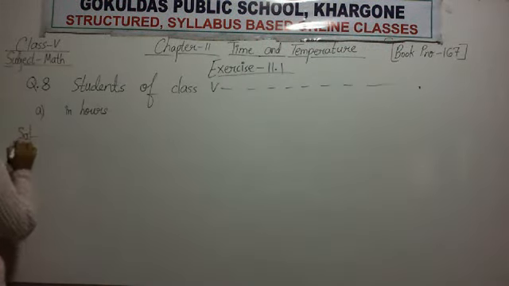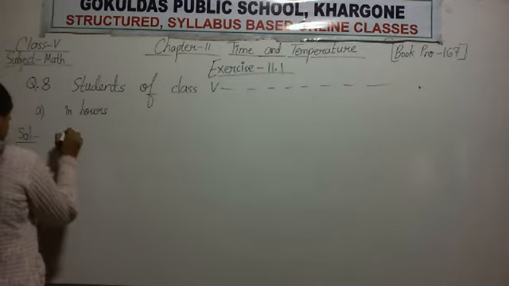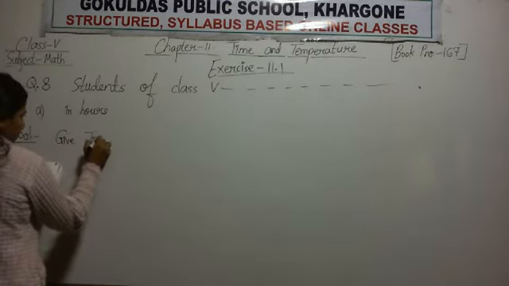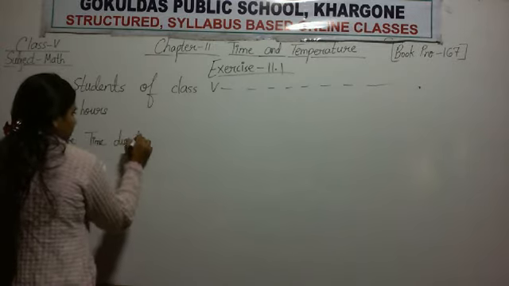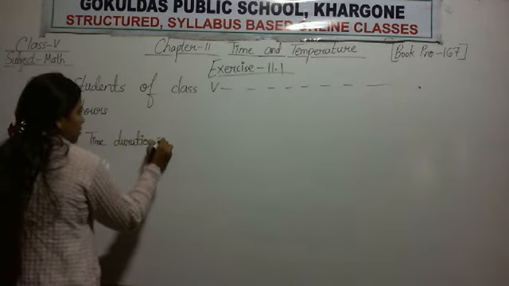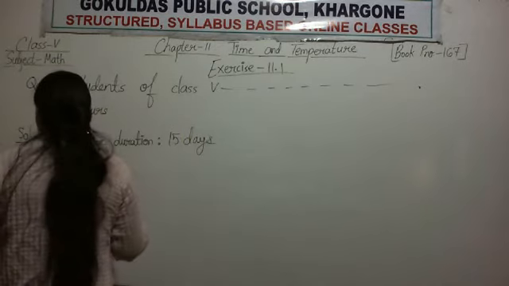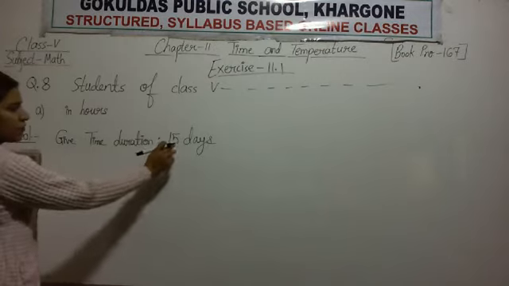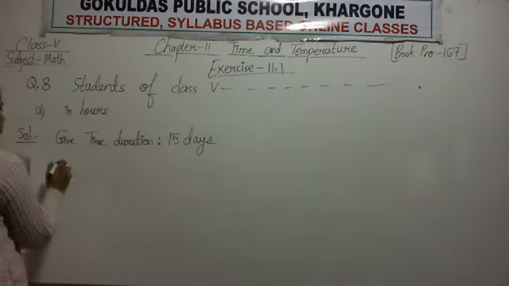Solution. Given time duration is 15 days, and we want to convert these 15 days into hours.